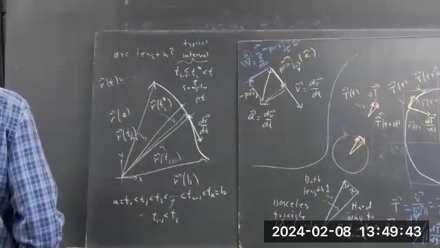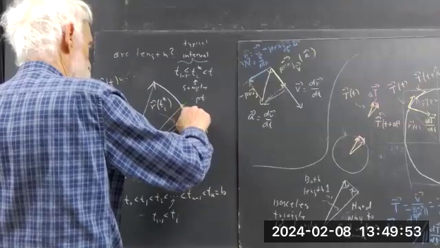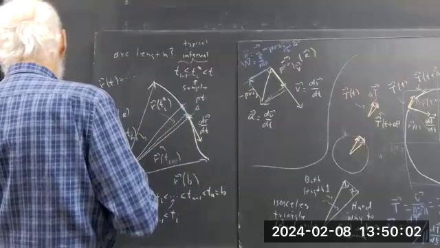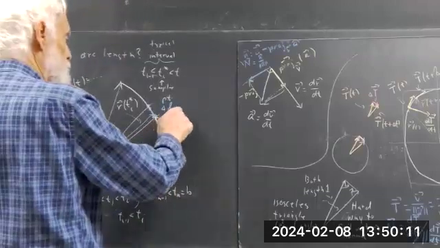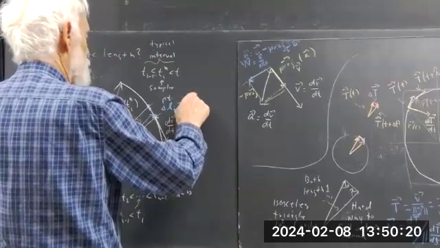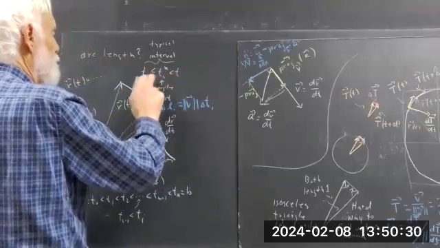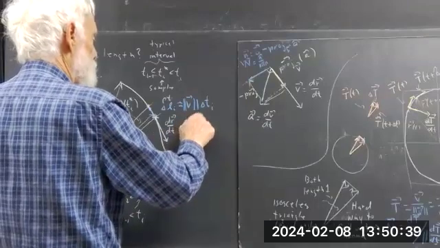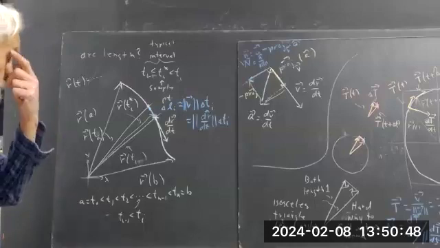Then the approximate length of this interval, we'll let script L stand for arc length, is approximately equal to the magnitude of your velocity vector times your delta t_i, delta t_i being t_i minus t_{i-1}.